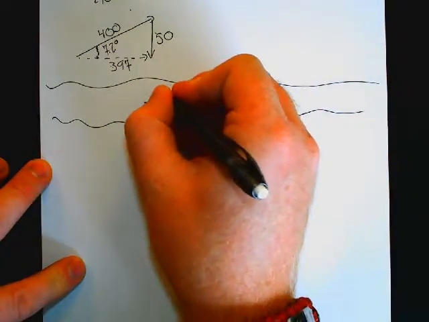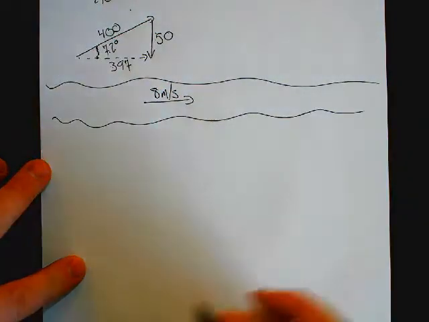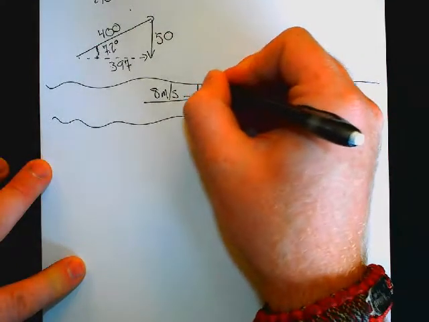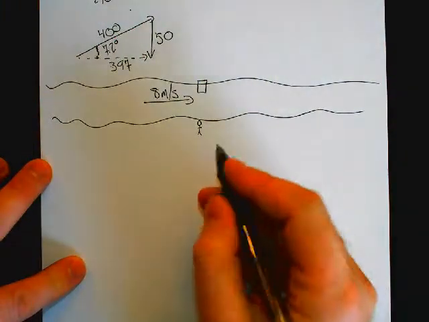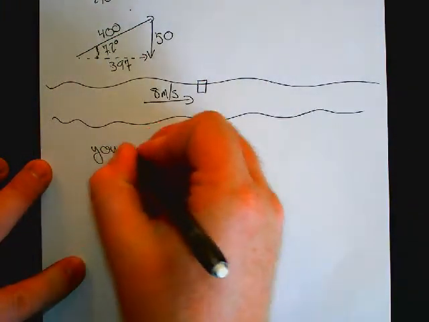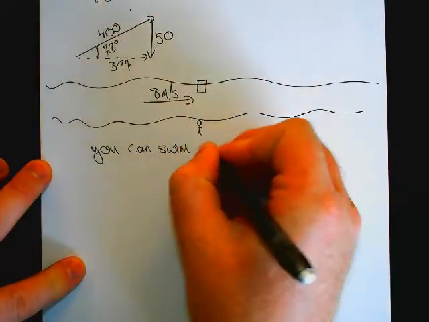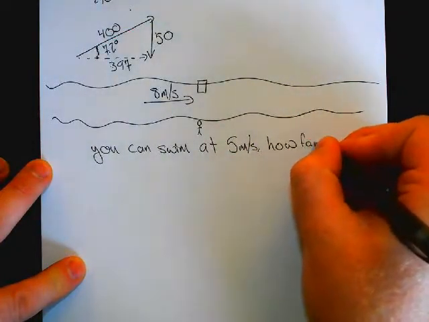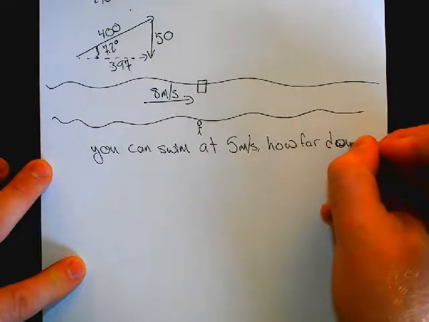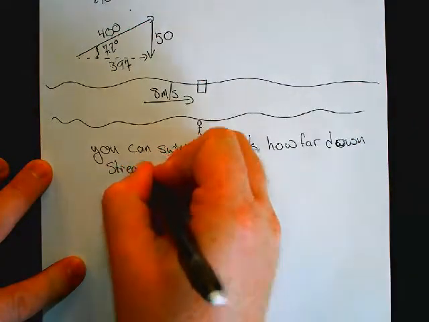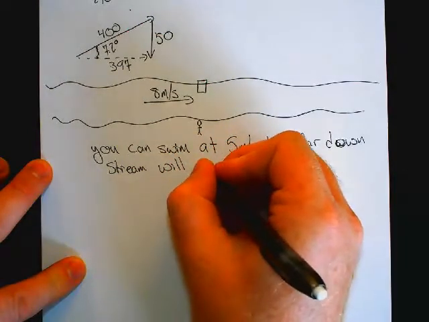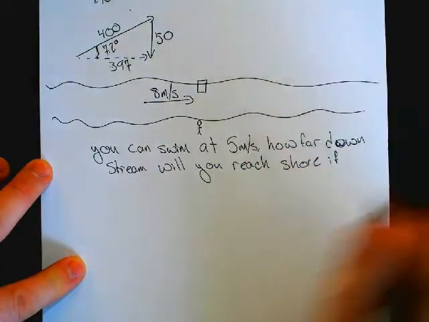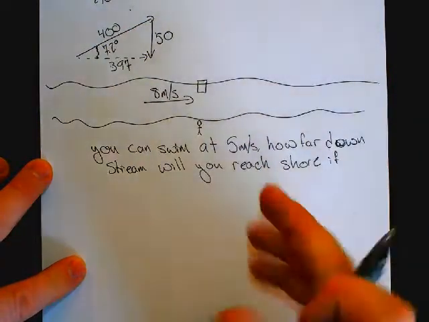And it's flowing at, let's say, 8 meters per second. If you're here, and a dock is here, and you can swim at 5 meters per second, how far downstream will you reach shore if you do not angle yourself upstream, if you try to swim in a straight line?